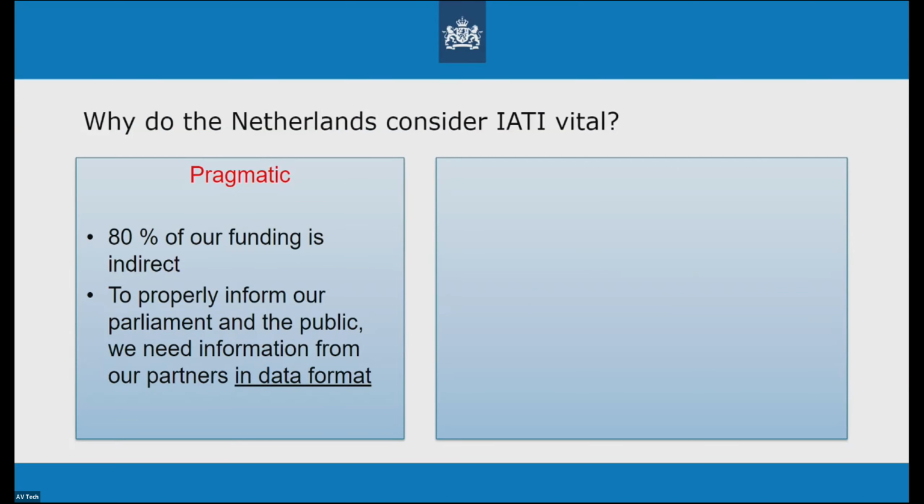So we ask all of our partners, and sometimes also their partners, to publish their data. So as it says here, to properly inform everyone, including Parliament and the well-known taxpayer, we need to have information in data format. We have PDFs, but that's not really working so well if Parliament asks you how much funding you've sent to Ethiopia. So we need data.